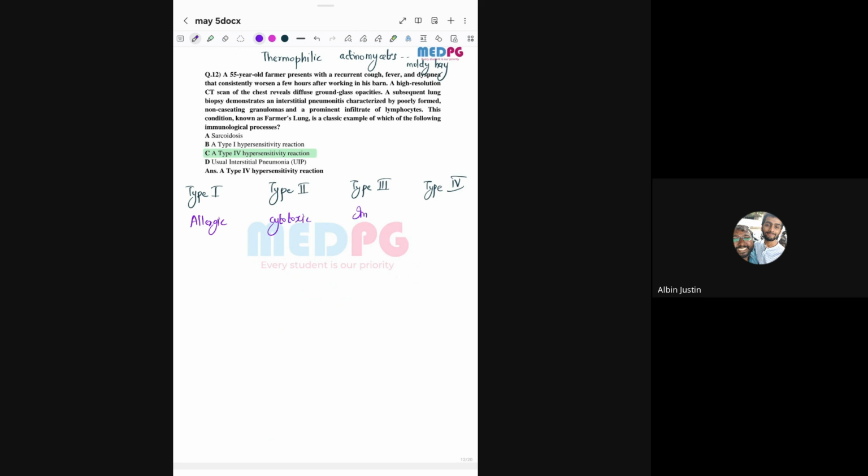This is immune complex mediated. Whereas here it is delayed type. It is associated with allergy, RBC, antigen-antibody complex. Here it will be intracellular antigen.